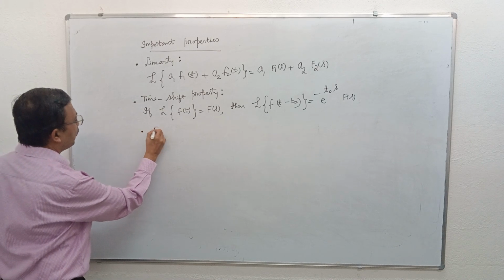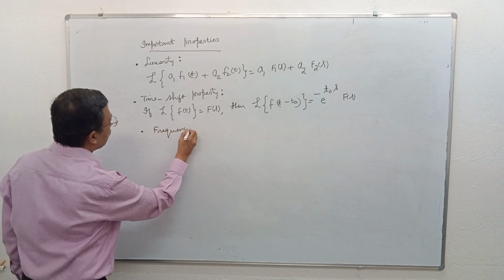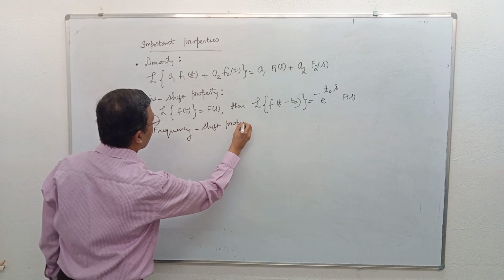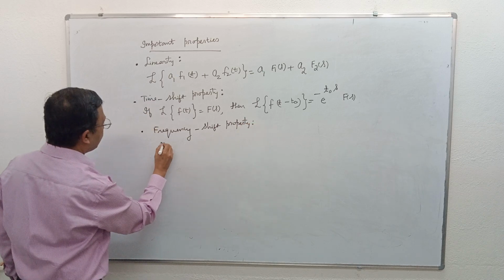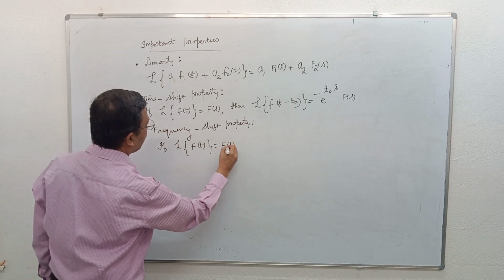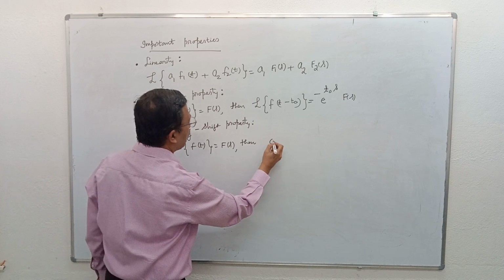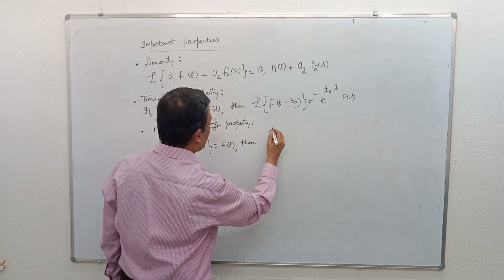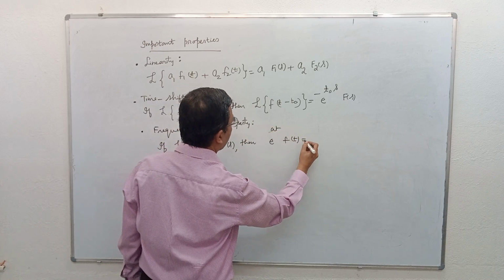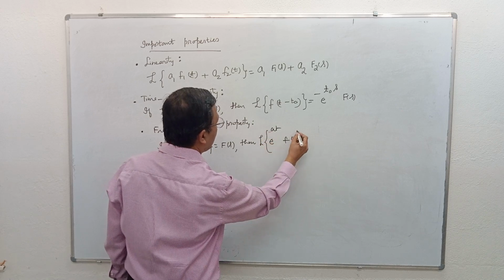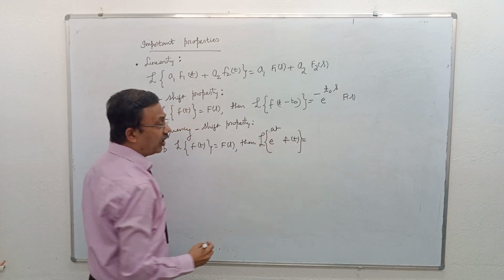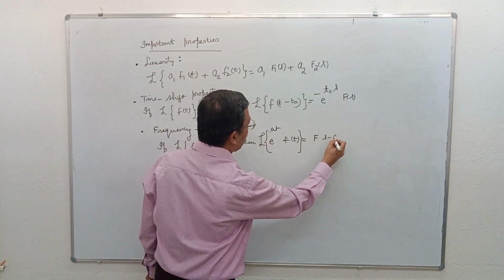Next property, frequency shift property. If Laplace transform of f of t is equal to F of s, then Laplace transform of e to the power at into f of t is equal to F of s minus a.